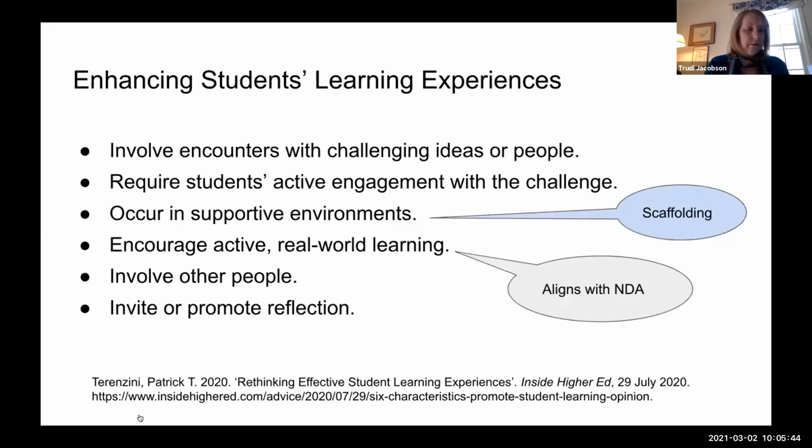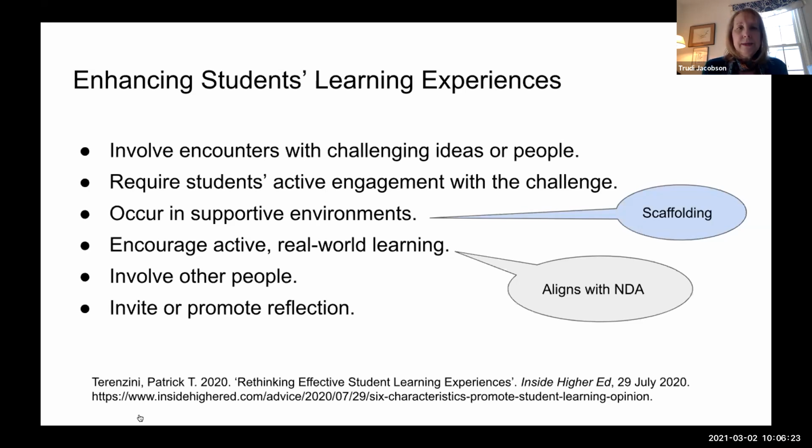So how do we engage learners? And one thing I wanted to talk about is this article by Patrick Terenzini. He is a distinguished professor emeritus at Penn State. And over the course of a long career, he reviewed over 7,000 research articles to try to find out what types of commonalities there were amongst learning experiences that really enhanced student learning.